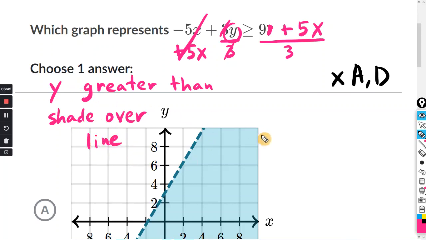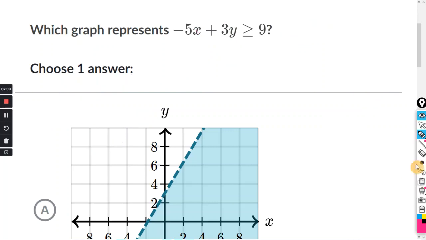Remember the y-axis is the up-down part. So if y is greater than, we want to shade everything above the line. So it's not A and D. We're looking at B and C, and it has to shade above the line.